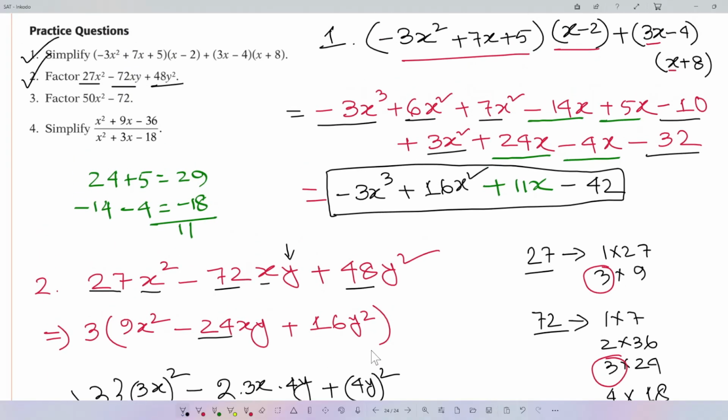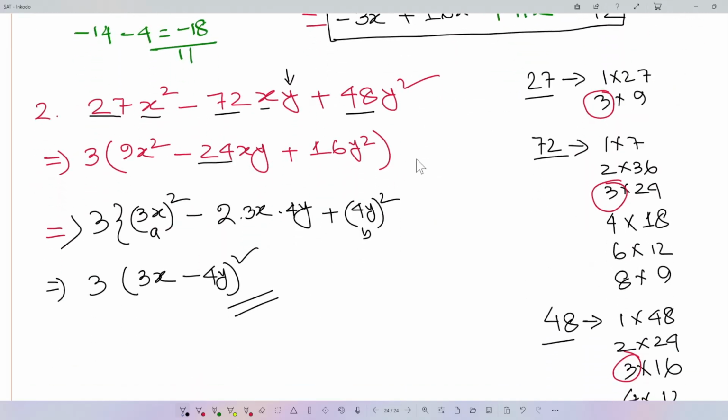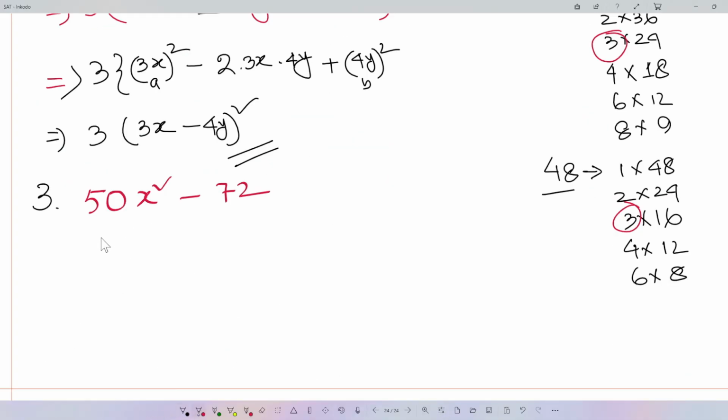Okay, so number 3, factor 50x² minus 72. This one also has a similar thing, we have to find out the common thing. So from 50 we can take common 2.